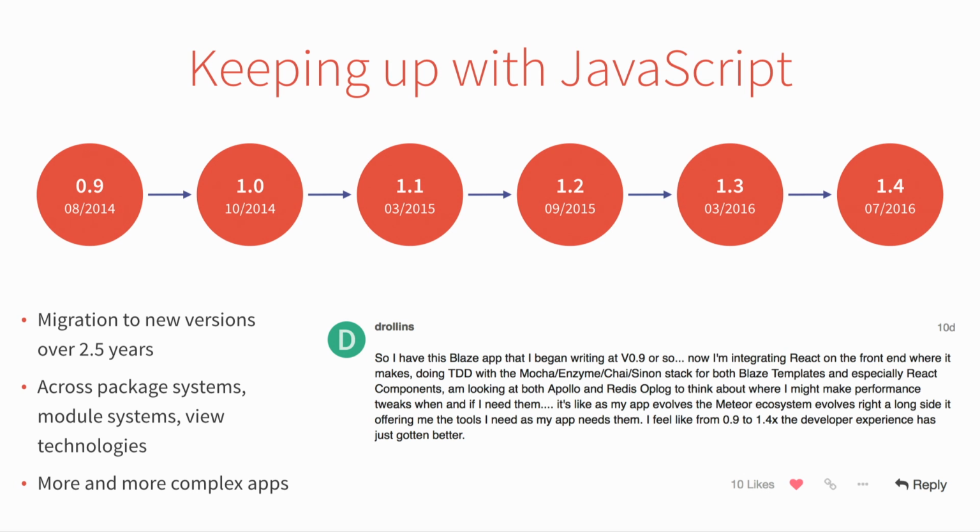Sometimes you're using more packages from NPM, or you're using ECMAScript modules instead of require. Maybe you were using the package system and package scope variables before. But apps are getting more and more complex, and the technologies of how you write JavaScript as a core language are changing even faster than that. So it's been interesting to see Meteor develop from that version through that extremely tumultuous time in the community.